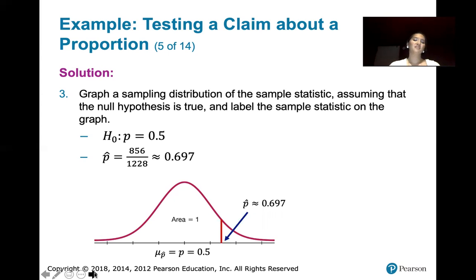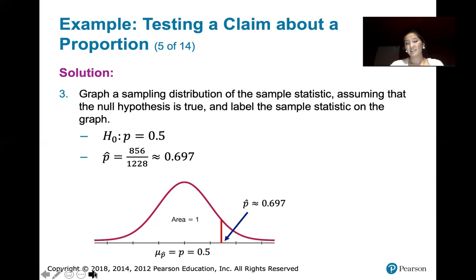So we're assuming that the null is true, and the mean of the p hats is equal to p, which is 0.5. We're asking ourselves, if that's true, is this p hat, approximately 0.697, significantly high or significantly low given that assumption? If it is significantly high, we want to throw out the null hypothesis, because something that is supposed to be rare is actually happening, so our assumption must be false. That's the rare event rule.